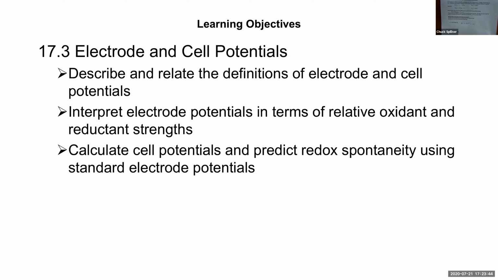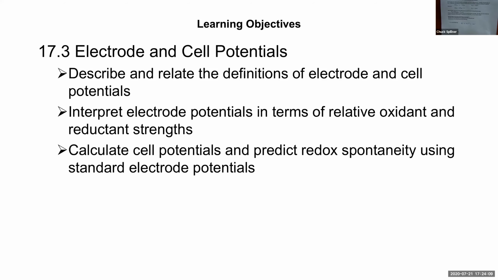The worksheet that you see up there in the corner has some of the abbreviated notation we learned for writing galvanic cells. And from those, we're going to calculate the potentials that those various cells have.